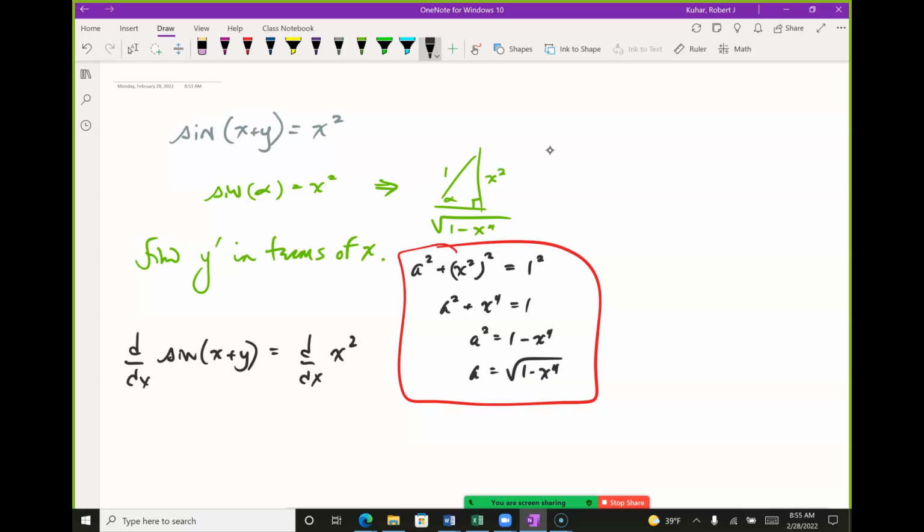On the left-hand side, derivative of the outside is cosine. So I get cos of x plus y times the derivative of the inside, which is 1 plus y prime. I jumped right to that one this time because it's very similar to the last question. And on the right-hand side, I get 2x.